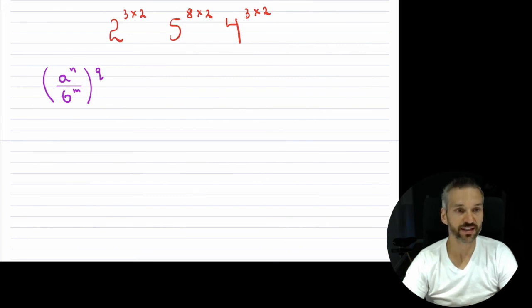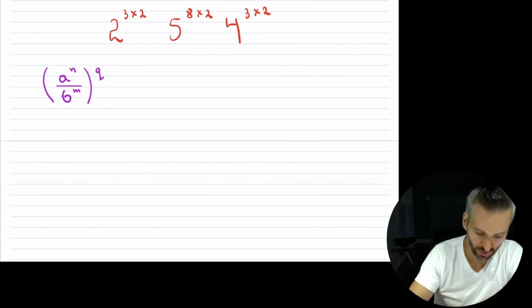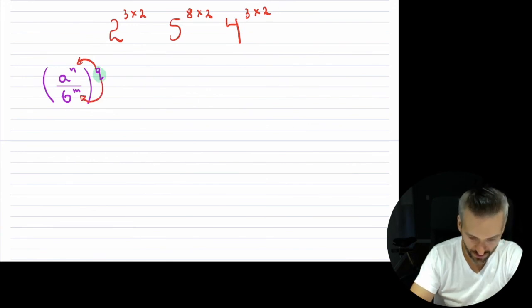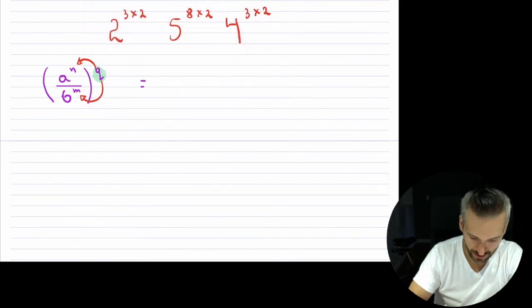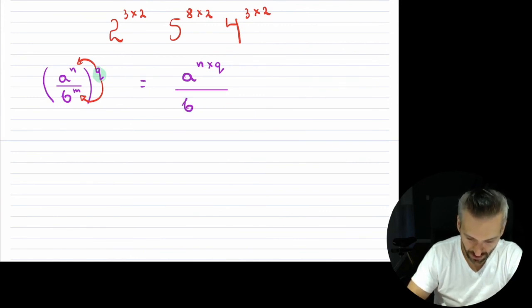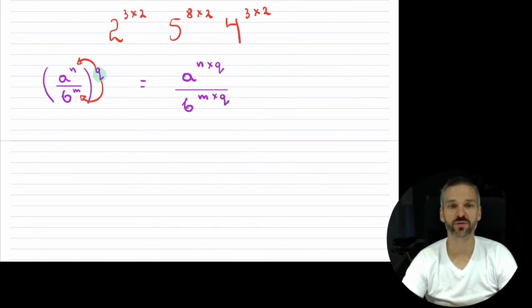So just like the previous ones, because you have this exponent, you're going to be distributing it through into those exponents. So what you have in this case is that the law says a^n multiplied by q, and just because you're dividing, it doesn't really matter. This is b^m multiplied by q. Okay, so that's the law.